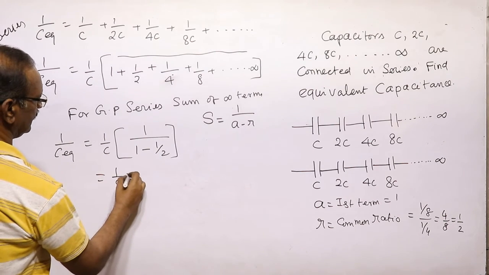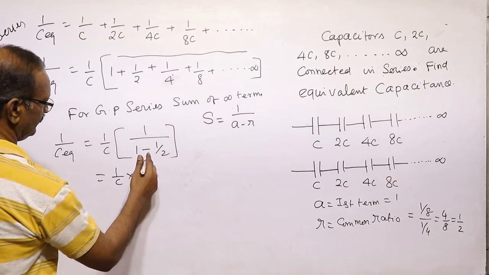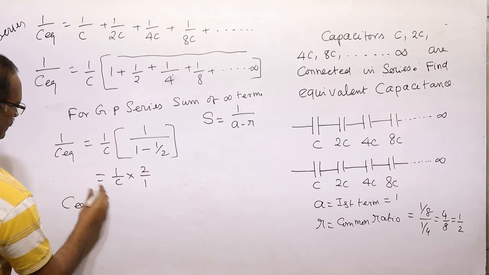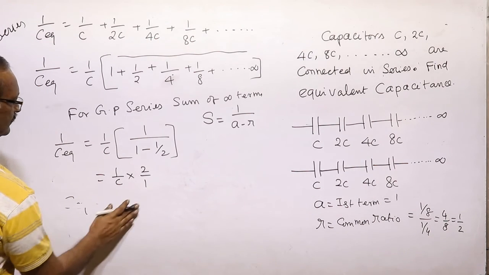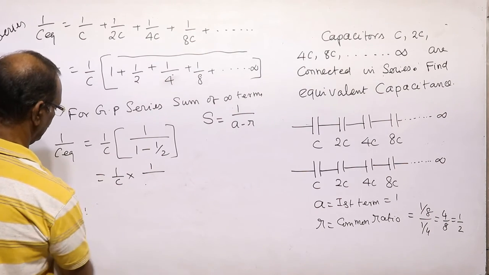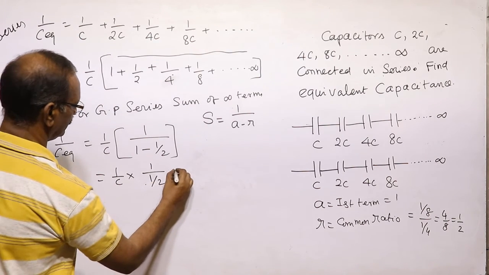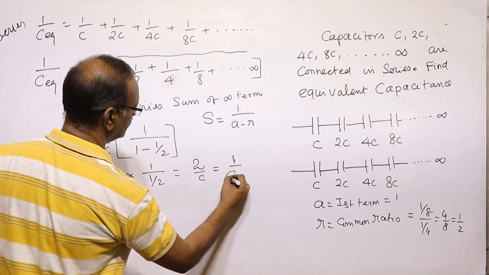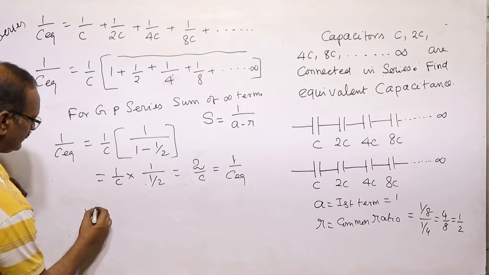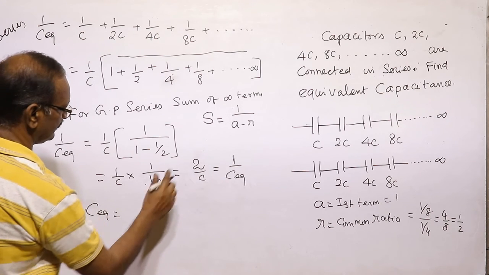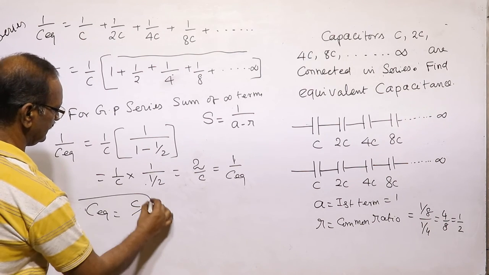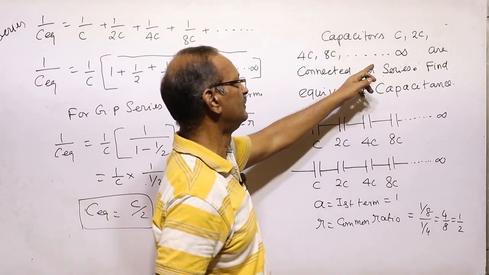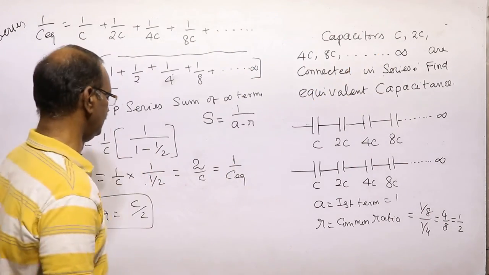So 1 by C into 1 by half becomes 2 by C, which is equal to 1 by C equivalent. So our C equivalent is equal to, reversing it, C by 2. This is the equivalent capacitor for an infinite number of capacitors of this value connected in series.